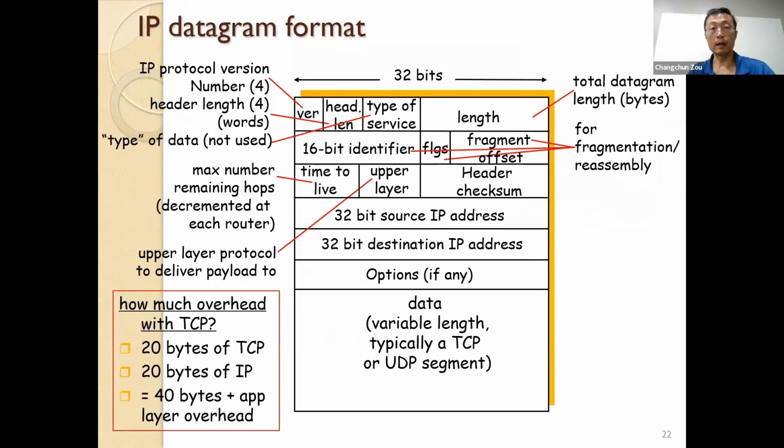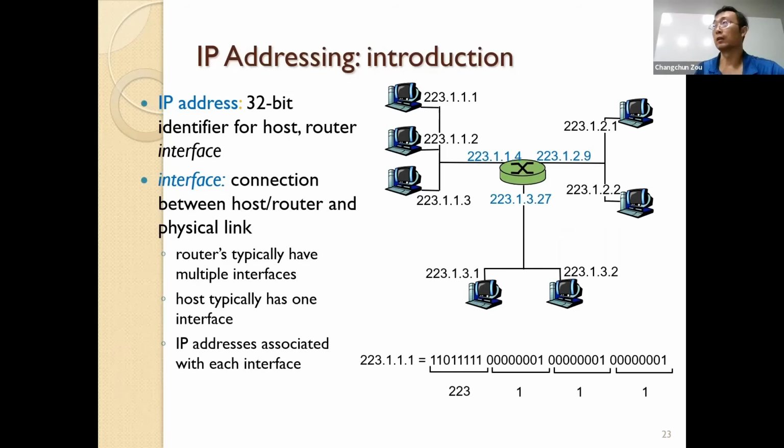Okay, so that's the IP header information. Then for a router to send a packet in the network, every computing device is uniquely identified by an IP address. So IP addressing is an important concept you need to know.